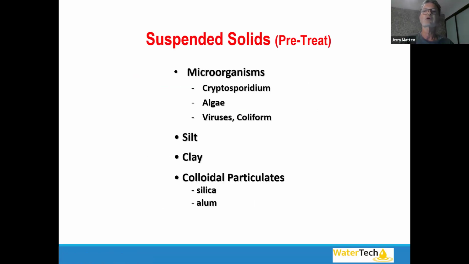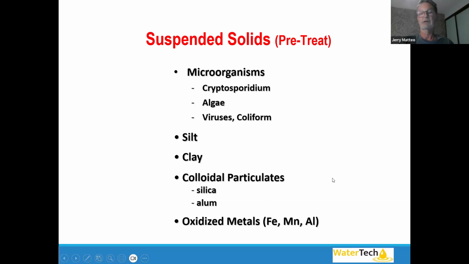So it's just a list of what the suspended solids could be. We talked about microorganisms, silt, clay, colloidal particles. Oh yeah, and a lot of raw water has dissolved metals in it, but with a little bit of agitation or aeration, just natural, or going through your pumping system, they oxidize and become particles.